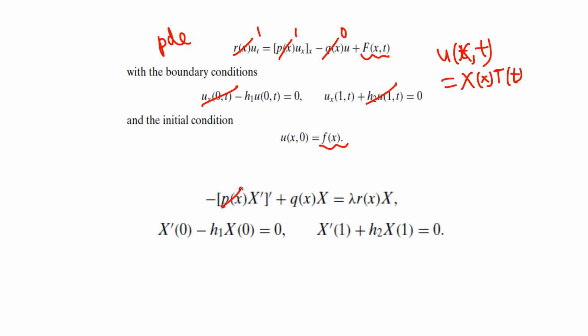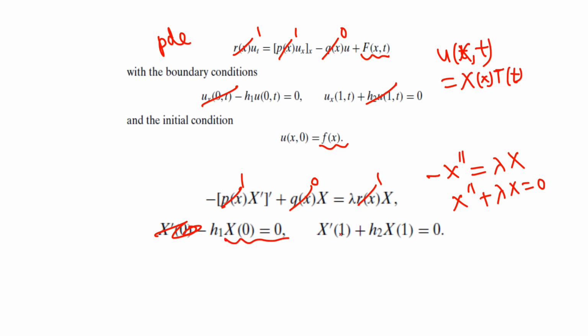In our case, R is 1, so basically this is negative X double prime equals lambda X, which is the same as X double prime plus lambda X equals 0. We don't have this part, and h1 is non-negative, so we have X(0) equals 0, and we don't have that X prime(1) equals 0. Okay, that's the case. Let me go back here.